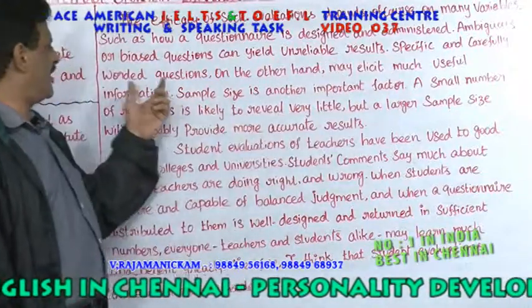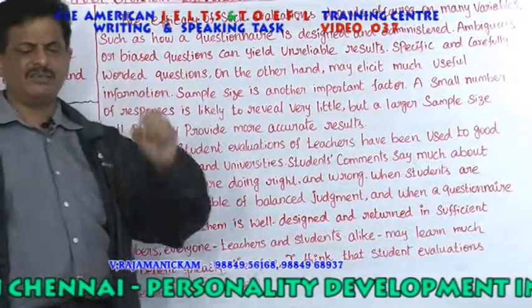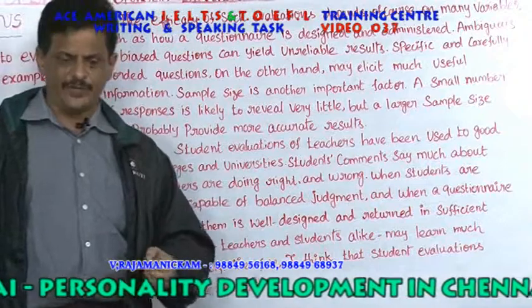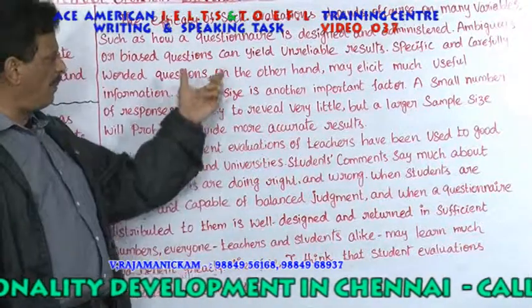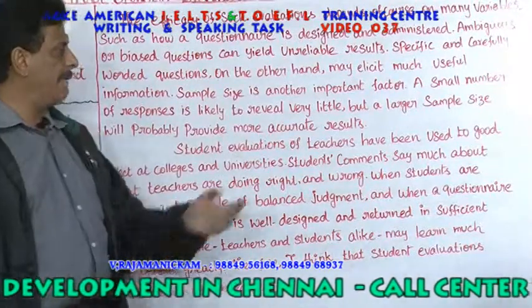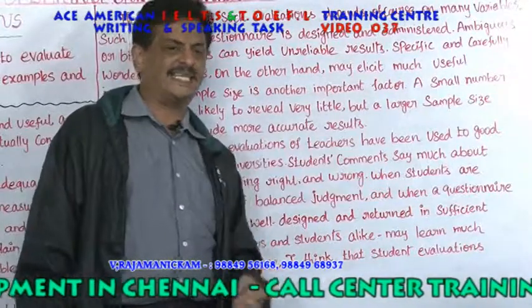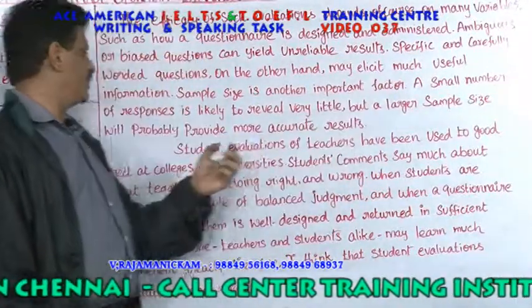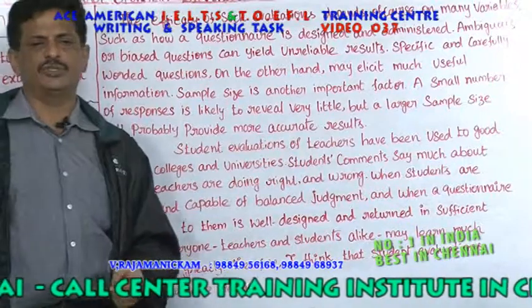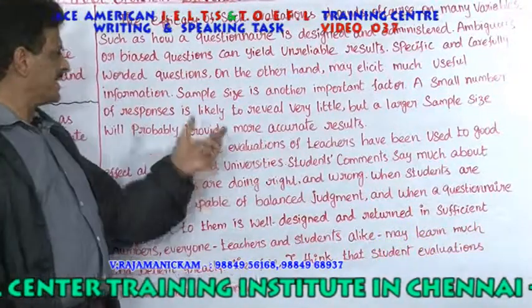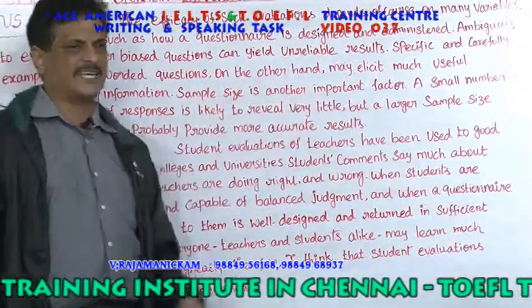Specific and carefully worded questions. Good questions, the students shouldn't be confused. Well-worded questions, on the other hand, may elicit, which means can get or give, much useful information. So very much useful information can be given. Sample size is another important factor.